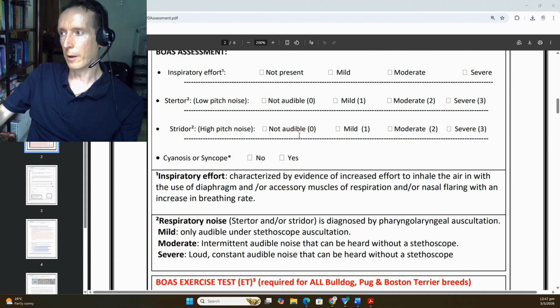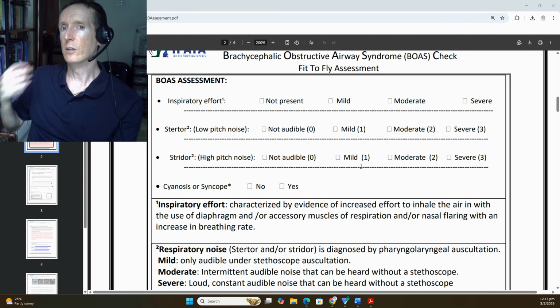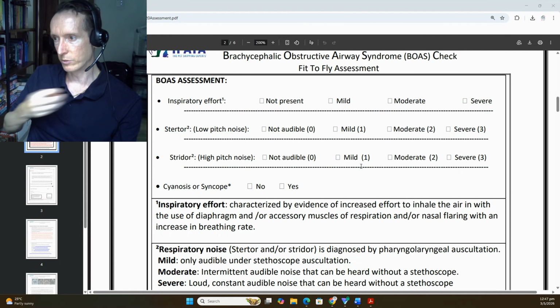If it's severe, it can be heard without a stethoscope, so you can hear this on your own dog. If it's moderate, you might be able to hear it without a stethoscope as well, although it's only intermittent. If it's mild, the veterinarian will have to use a stethoscope to listen.